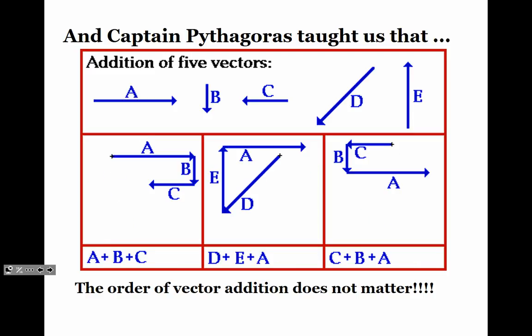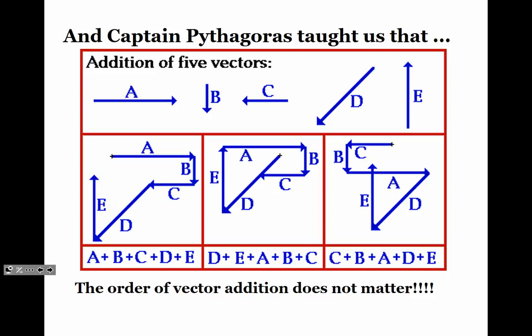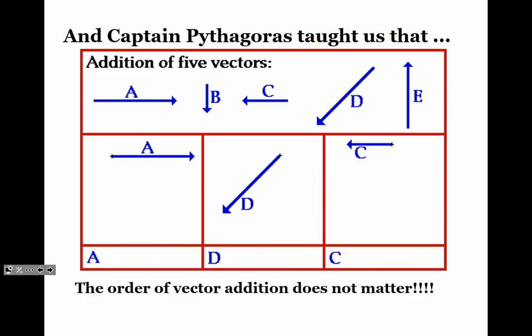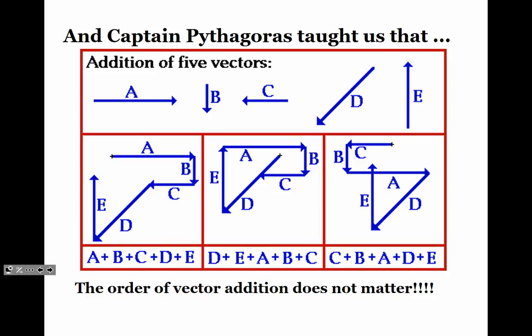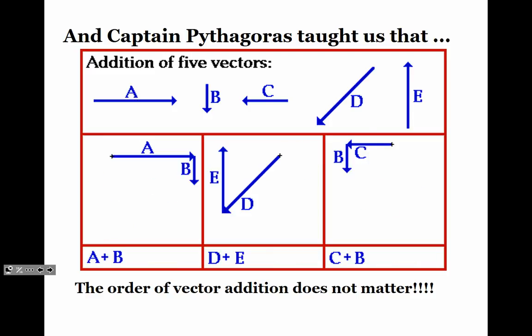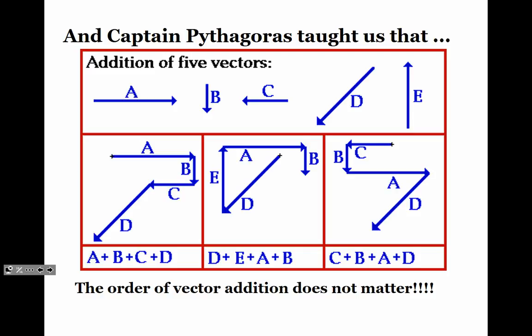The point we're trying to make is that it does not matter in what order you add all your vectors, your resultant or your total traveled is always going to be the same.